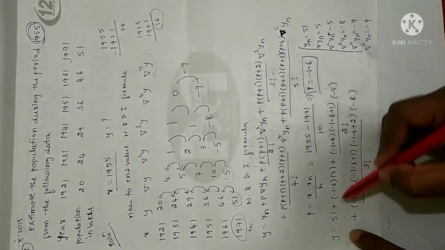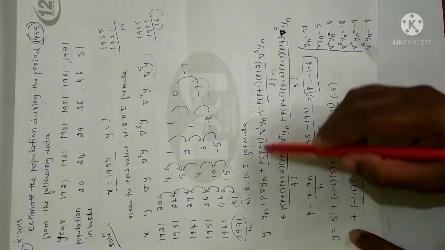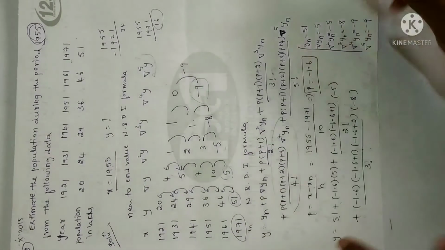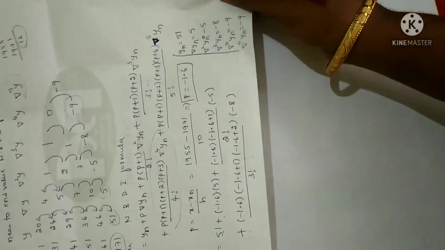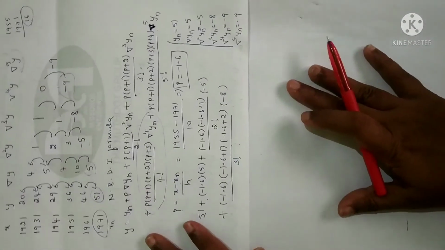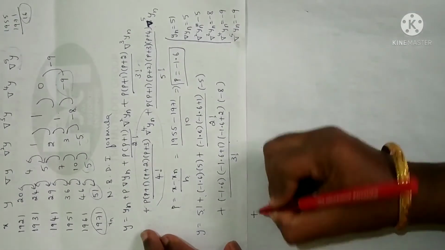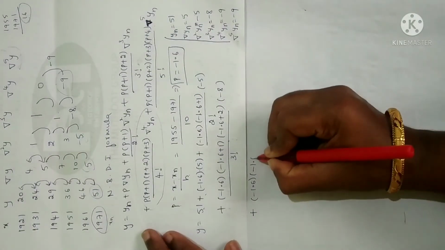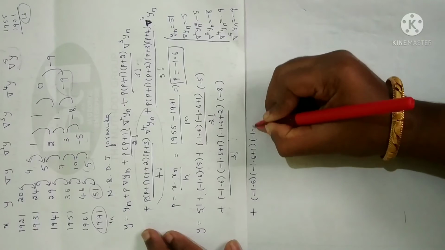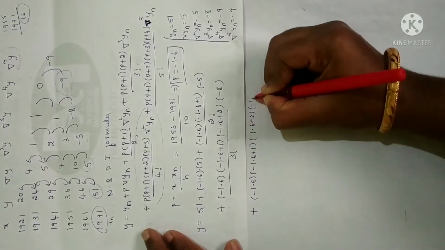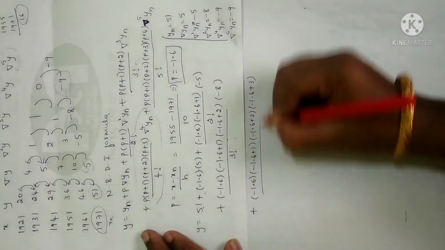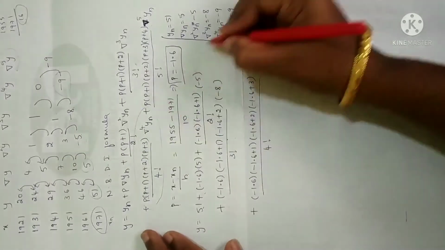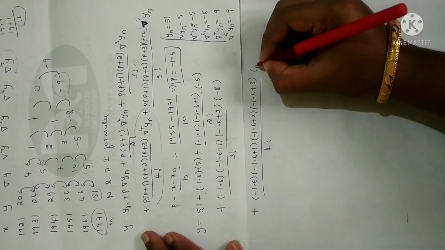Now, 1, 2, 3, 4 terms are finished. Now we have to do this term. p is minus 1.6 into minus 1.6 plus 1 into minus 1.6 plus 2 into minus 1.6 plus 3, divided by 4 factorial, into delta power 4 yn, which is minus 9.